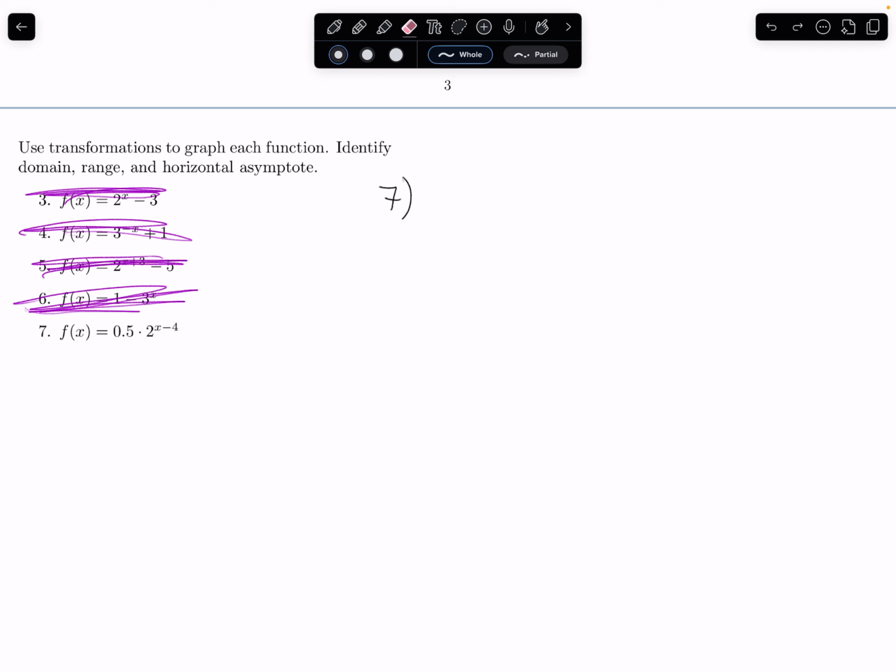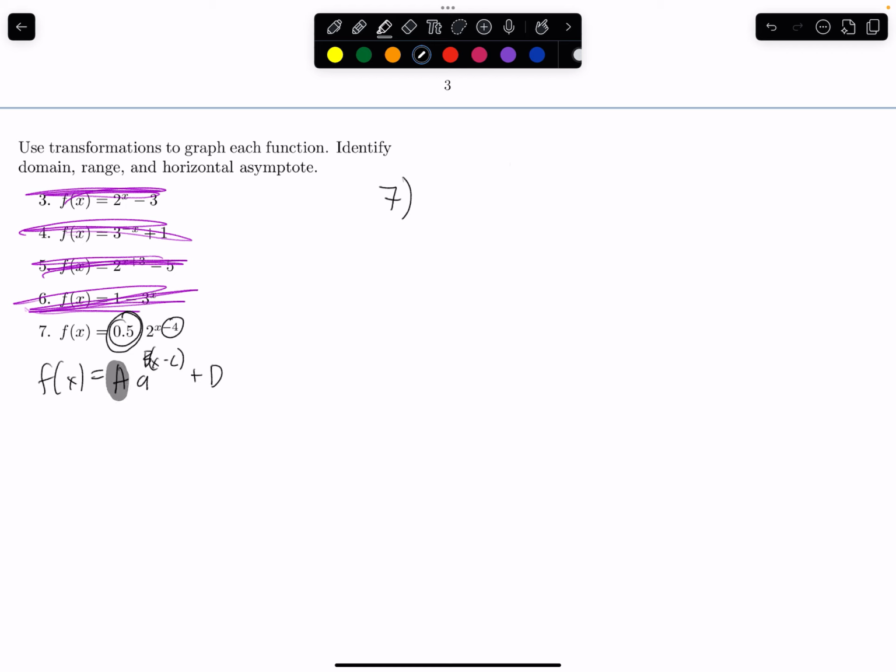Okay, so routinely applied transformations. Here I've got a equal to 0.5, or 1/2, and here I've got a c equal to 4. Those are the two transformations I see. If you think about the original form, f(x) equals a times b to the x minus c plus d, here a is 0.5 and c is 4.